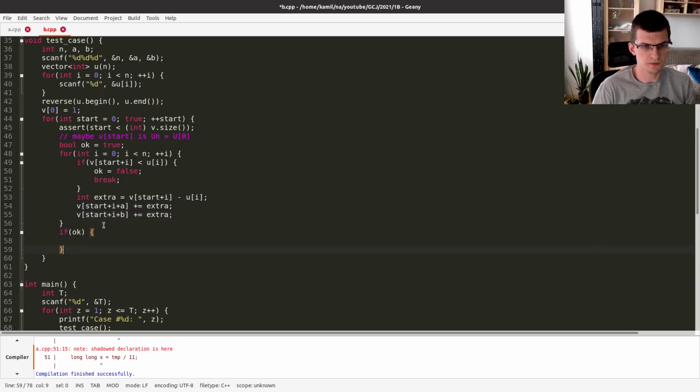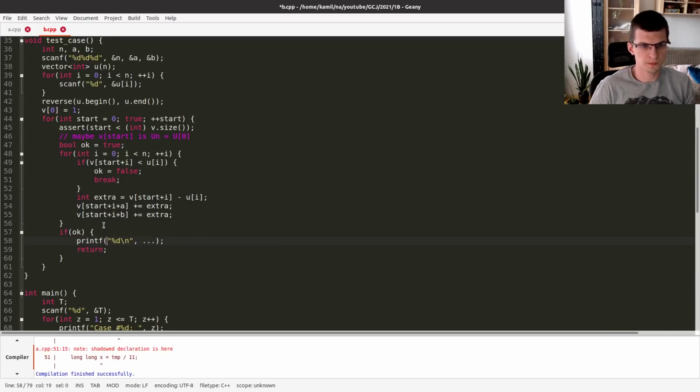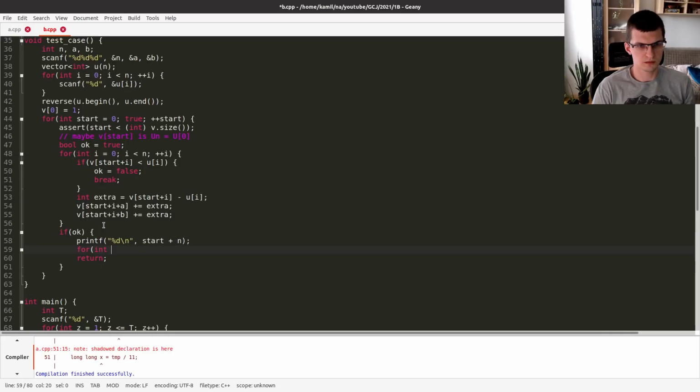If OK, then we should print the answer and return. What's the answer? I think answer is something like start plus n minus 1 plus I, and I clear the array.